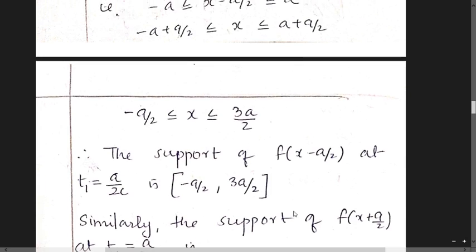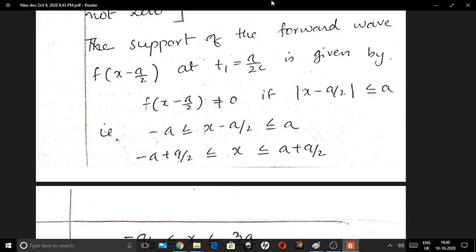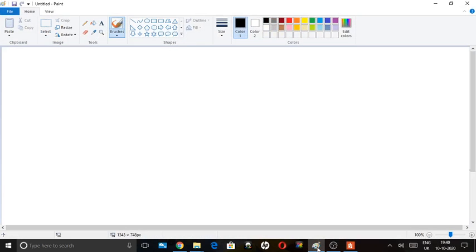So after finding the support of the forward wave, we have to plot these points in our graph. First of all we are going to draw this axis.